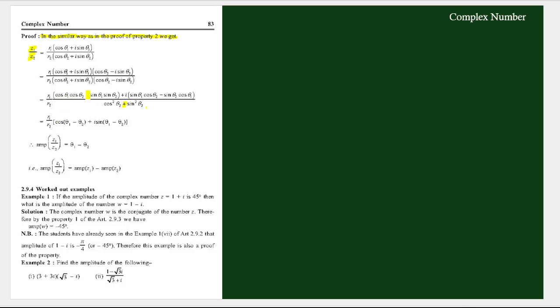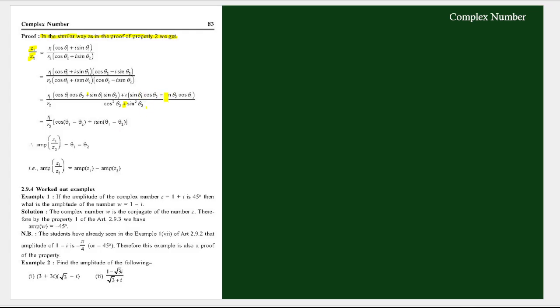Here plus came, so here it will be minus. You check the formula in trigonometry: you will get cos (theta 1 minus theta 2), or cos a cos b plus sin a sin b, since it is minus. Here also we got minus.